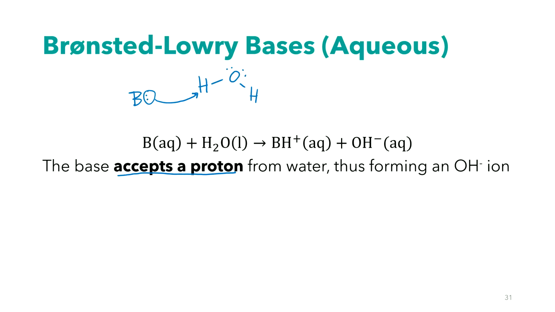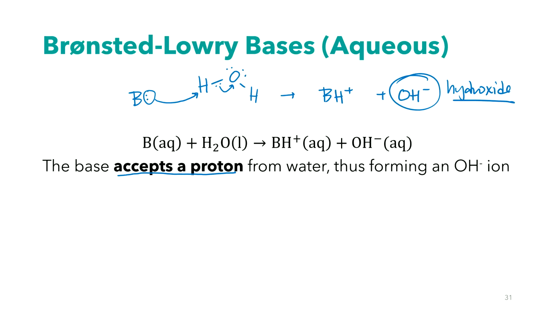These electrons are then given to OH, and that's how we wind up with BH plus and OH minus. So this is consistent with what Arrhenius said: a base in water should make OH minus. And this is how it does it. We think about it as a proton transfer. The base is going to take that proton from water. It's really good at doing it, and we generate that hydroxide ion.